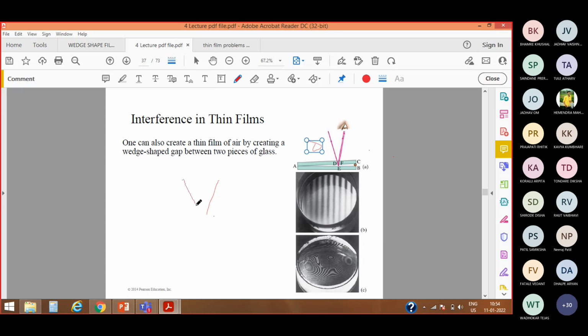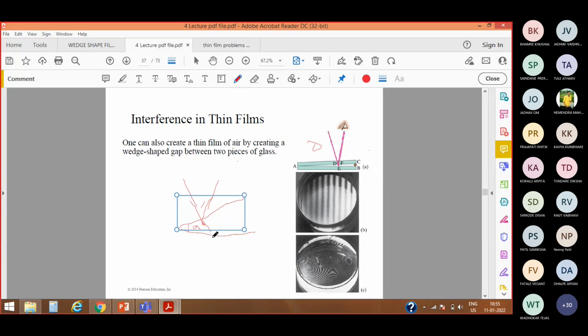Suppose this is the light incident. So this is your wedge-shaped thin film. Here the angle alpha is very small. When light is incident, some part of light gets reflected and some part gets transmitted.